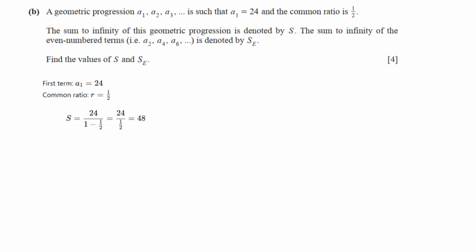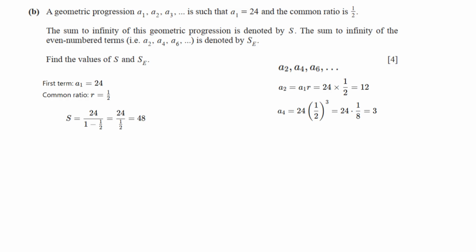Next, the sum to infinity of the even numbered terms, that is A2, A4, A6, is denoted by SE. What is the A2 value? A2 value is A1 times the common ratio, which is 1 over 2. So 24 times 1 over 2 is 12. So A2 is 12. What is A4? A4 is 24 times 1 over 2 the whole power 3, which is 3.